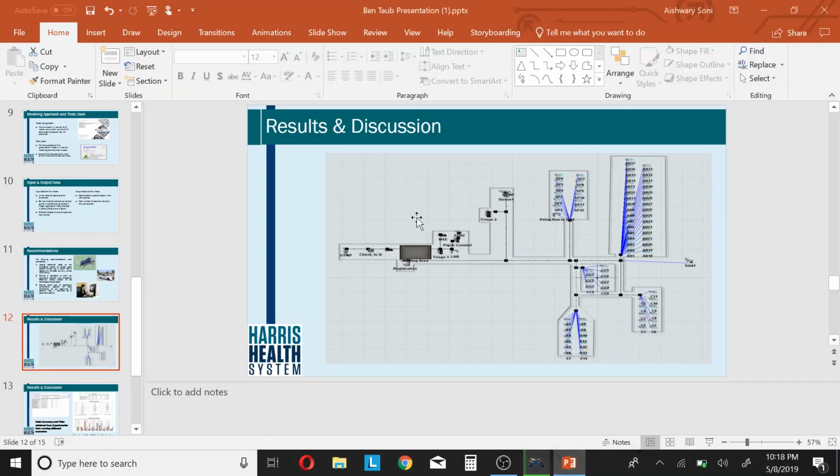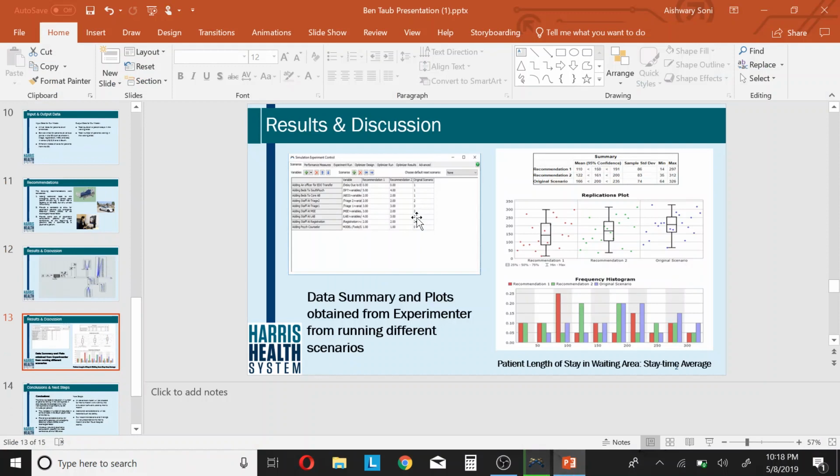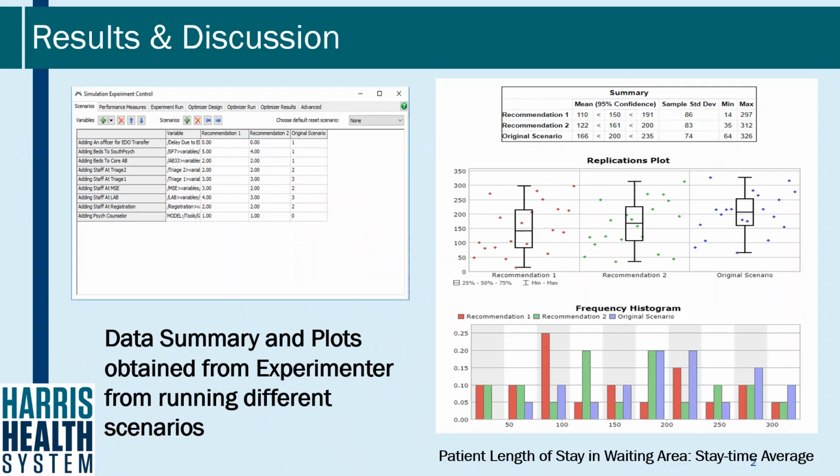So from this model, these are the recommendations. We ran the optimizer using FlexSim, adding beds to south side, adding beds to core AB and everything. After optimizing all these variables, we got this result. This is the length of stay in the waiting area.